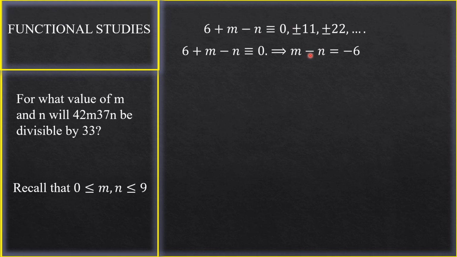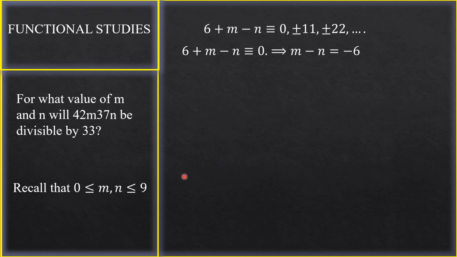Let's try the positive. The least positive value there is 11. When we put positive 11 here, it becomes negative 6 plus 11, which is 5. It's a possibility, because the highest positive difference is 9 minus 0, which is 9, and 5 is less than 9, so we consider it.